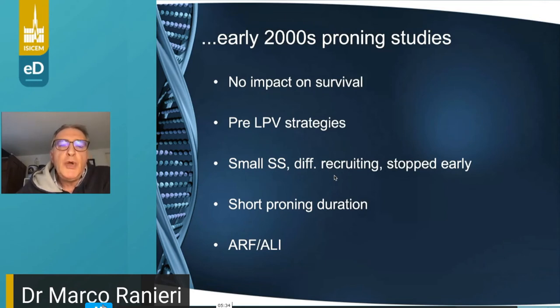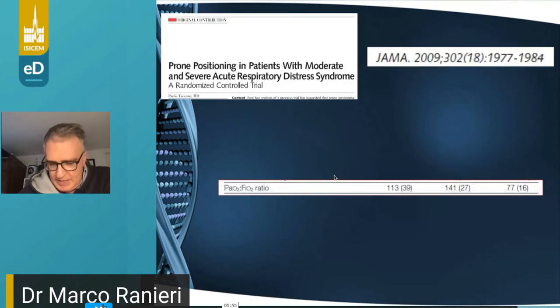There was no difference in terms of survival. The ventilatory strategy had nothing to do with protective ventilatory strategy. The studies were small. Proning was applied for a short period of time, and not all patients were characterized as having ARDS.